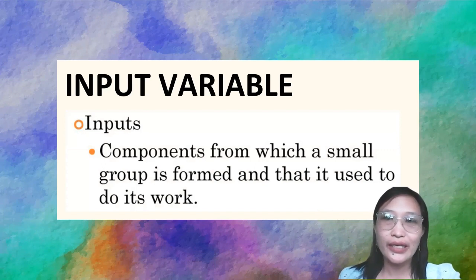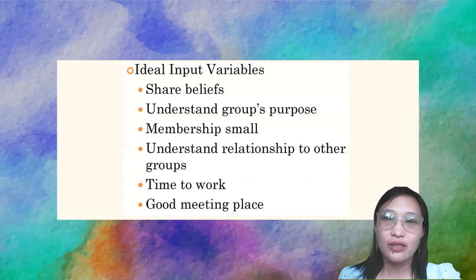So what are the ideal input variables? These are the shared beliefs, the understood group's purpose, the memberships of the small group, the understanding of the relationship to other groups, the time to work, and a good meeting place.